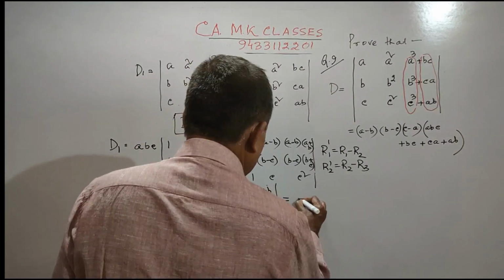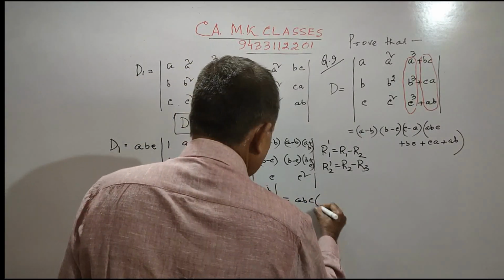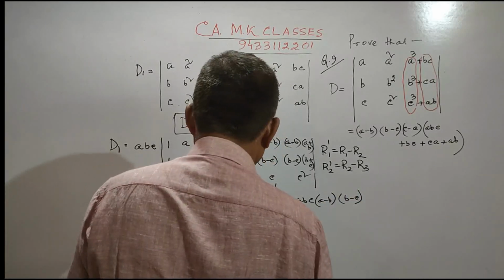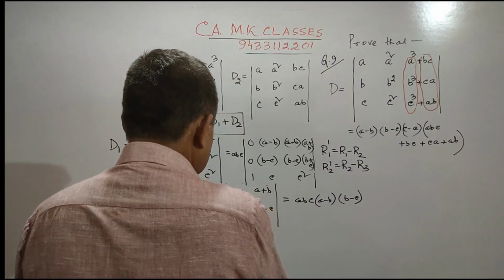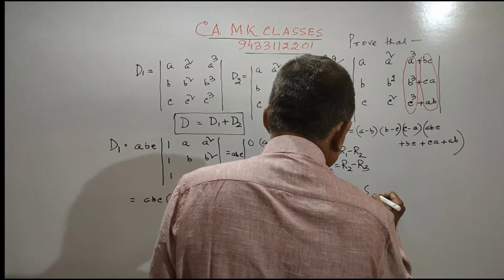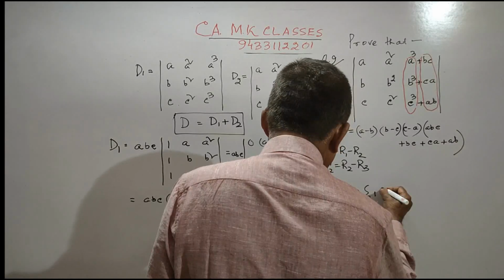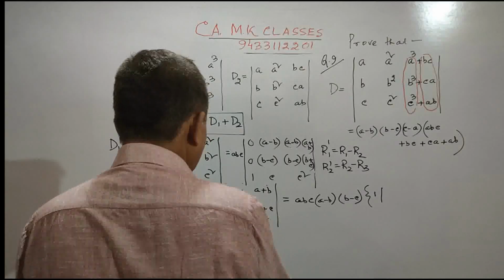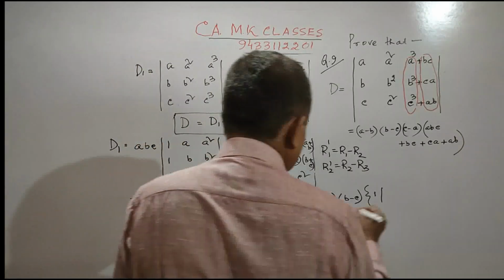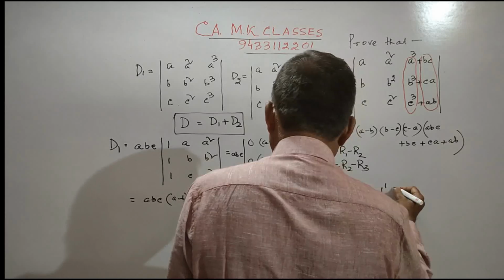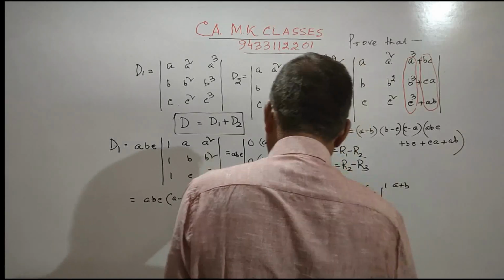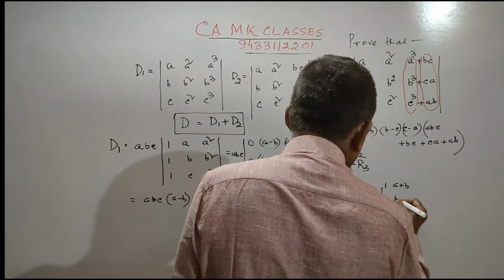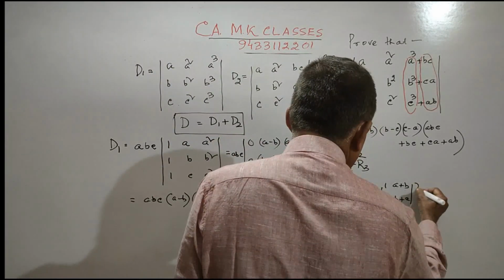So it will be abc (a minus b)(b minus c), and this is plus 1 into, closing this row and this column, the determinant 1, a plus b; 1, b plus c.